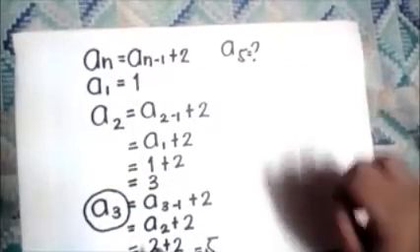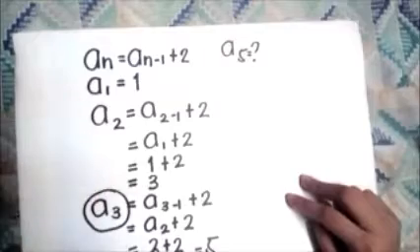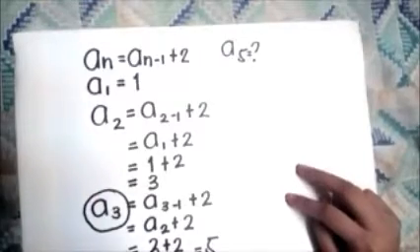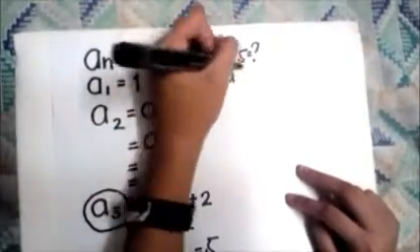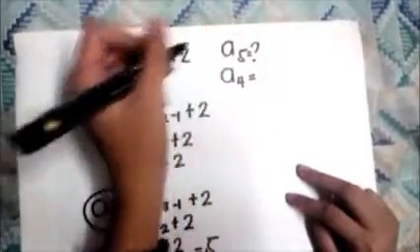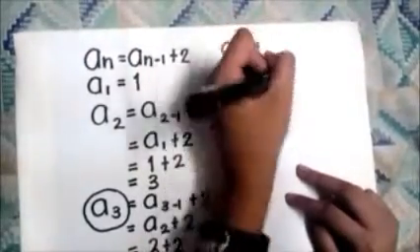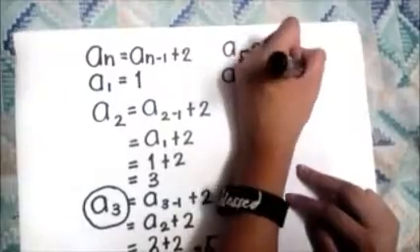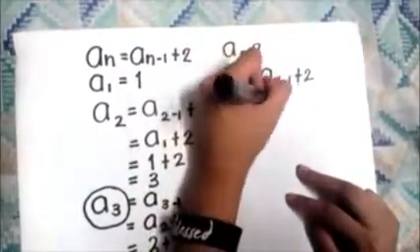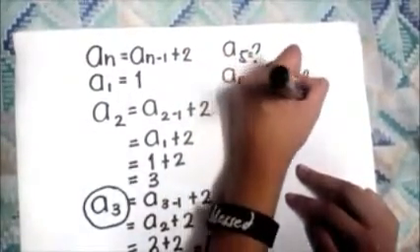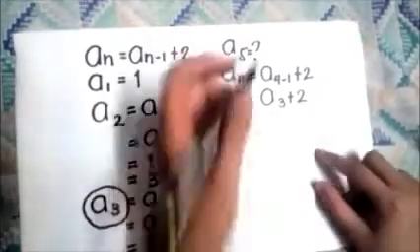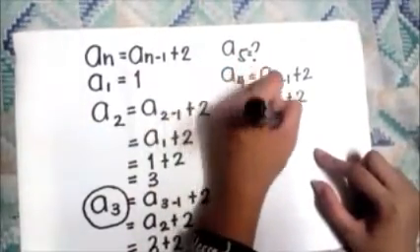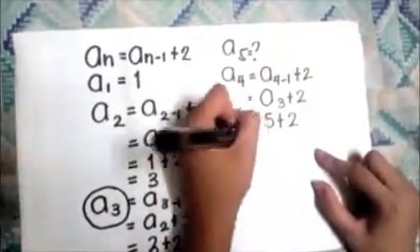Now, when a sub 5 is missing, we just continue to solve using the recursive formula. So let's have a sub 4 is equal to a sub 4 minus 1 plus 2, which is a sub 3 plus 2. We get the value of a sub 3, which is 5. 5 plus 2 is equal to 7.